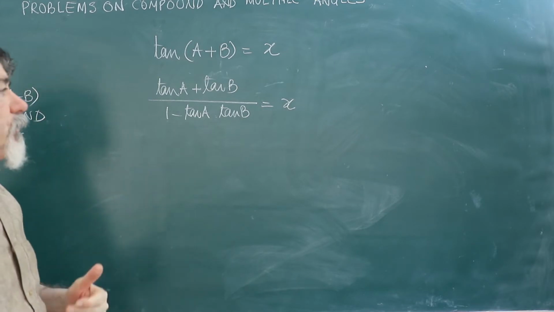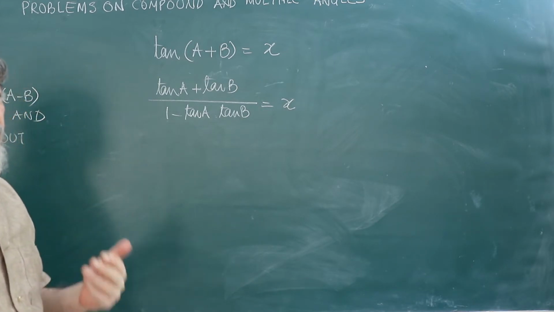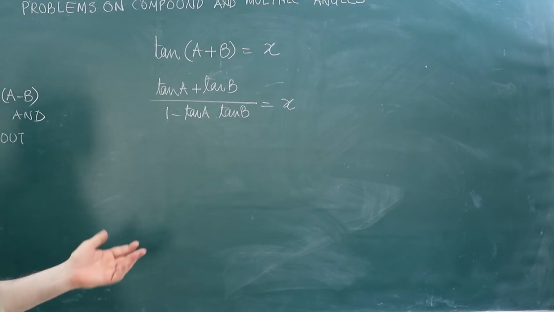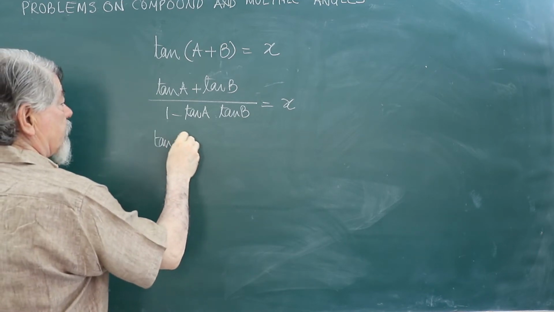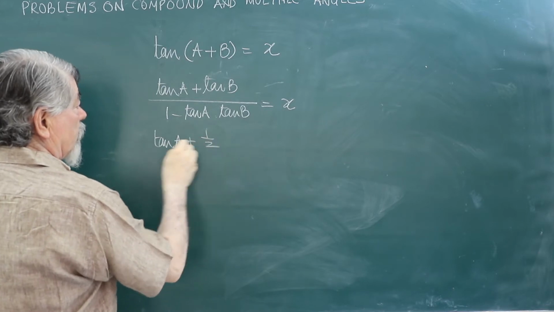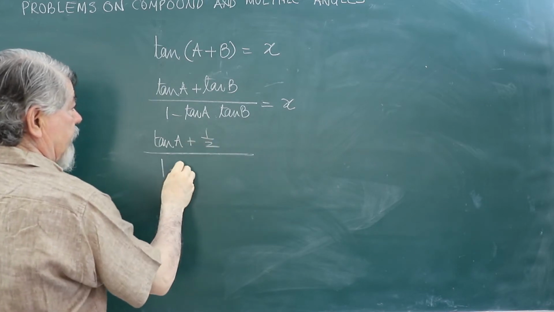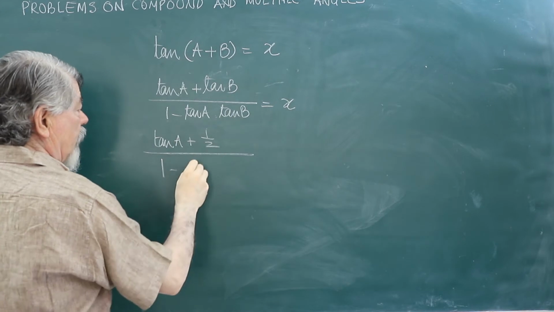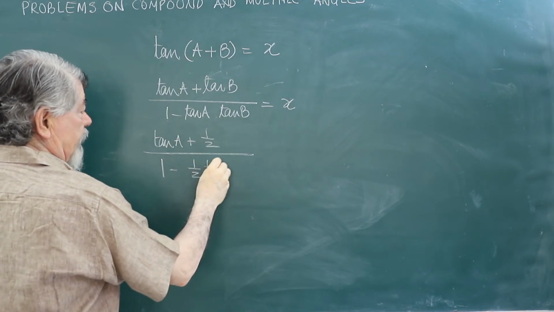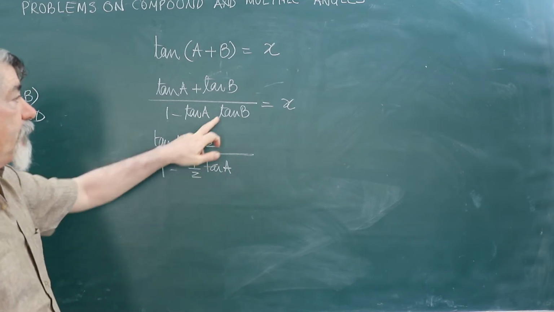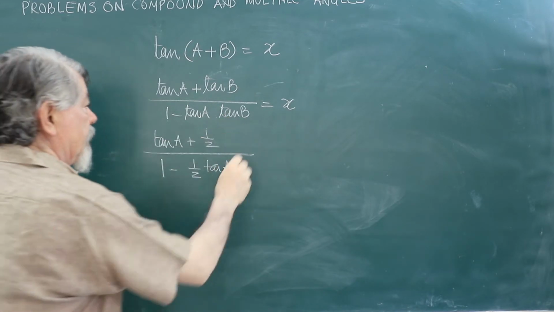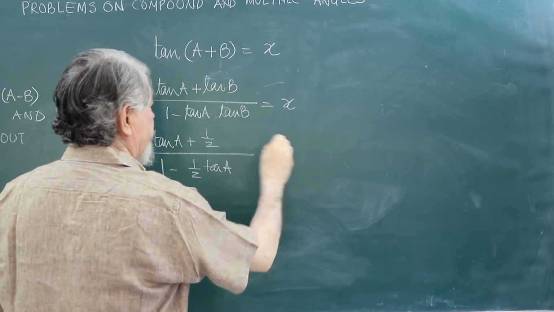So let us substitute the value of tan b as half in this. Tan a plus 1 upon 2, upon 1 minus tan a into half, half tan a, is equal to x.